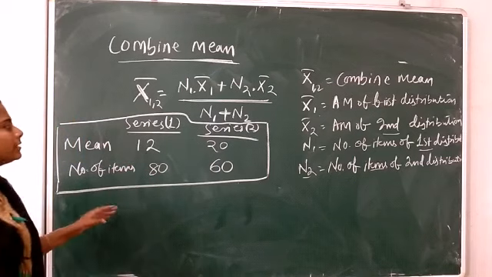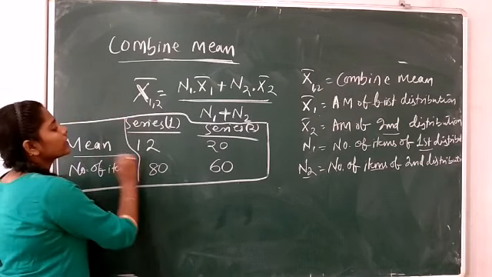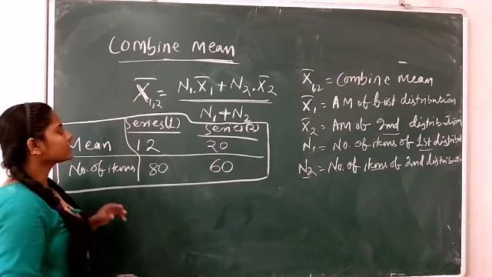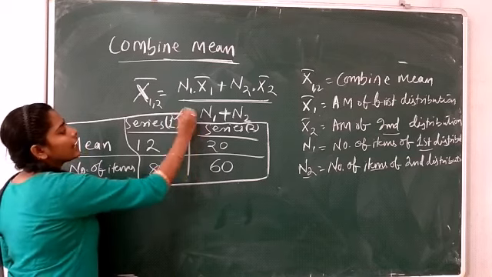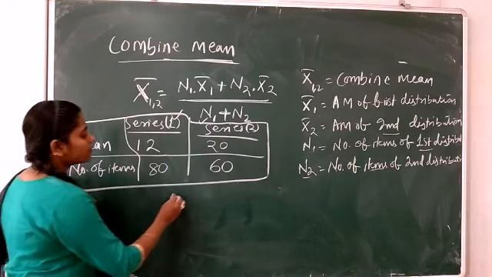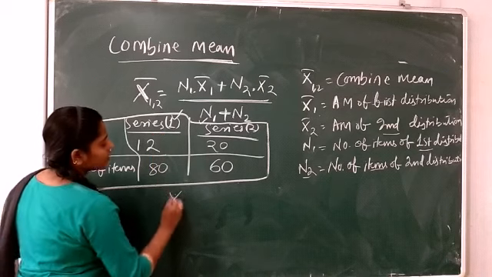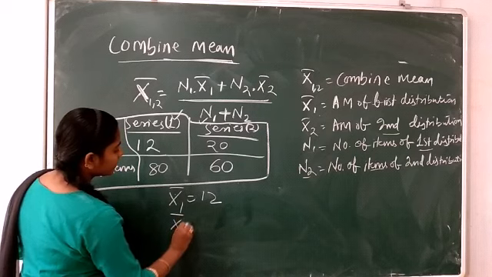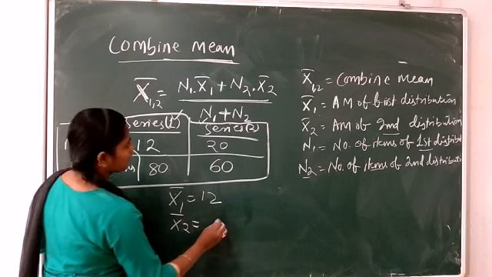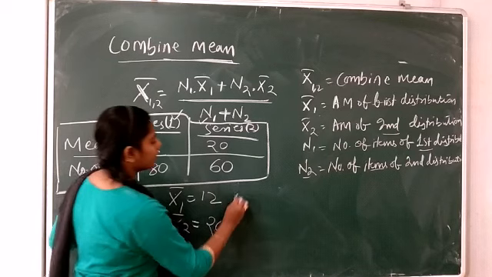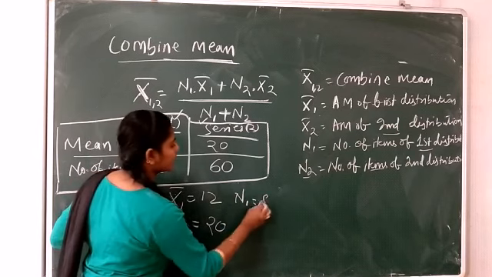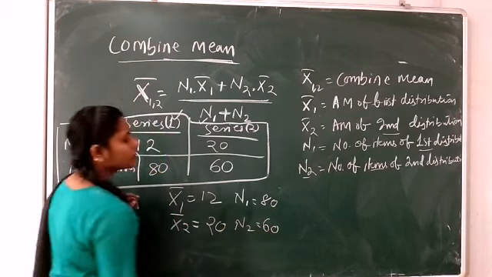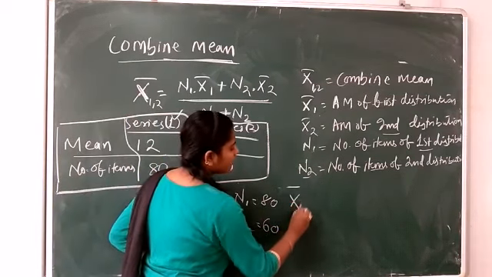So here is the question where there is also given the mean and also the number of items, and we calculate the combined mean. So in this case, this is the first distribution and this is the second distribution. So here first the mean 1 of the first distribution is 12, then mean 2 is 20, then n1 is 80 and n2 is 60. So here we calculate combined mean.